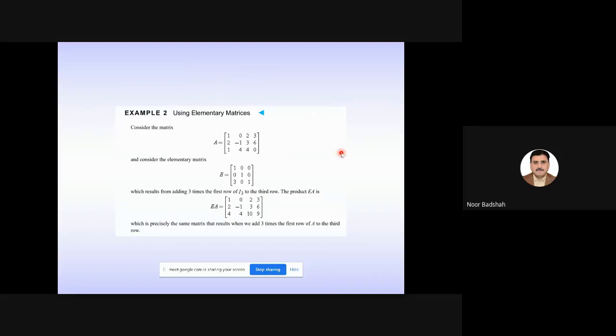This is an example. Consider this matrix A: 1 0 2 3, 2 -1 3 6, 1 4 4 0, and consider the elementary matrix 1 0 0, 0 1 0, 3 0 1. What is it? Again, it is row number 3 plus 3 times row number 1.